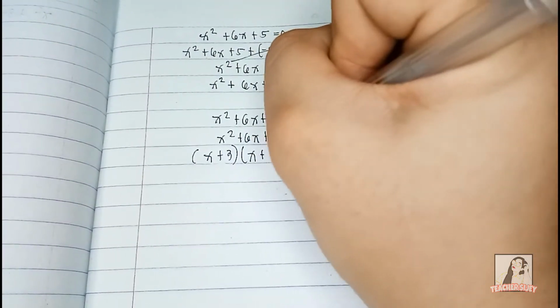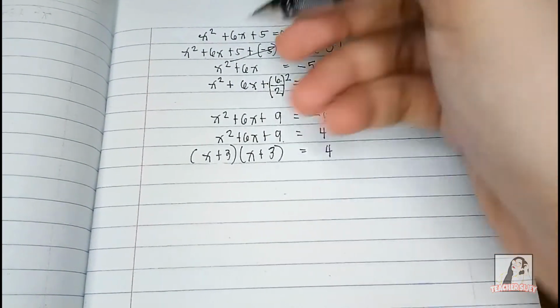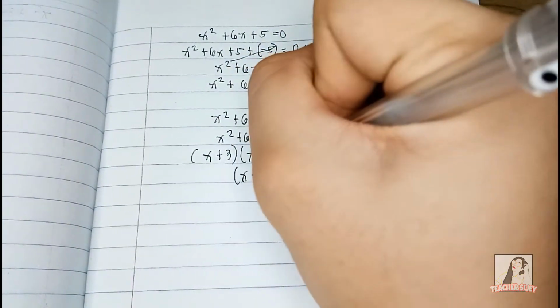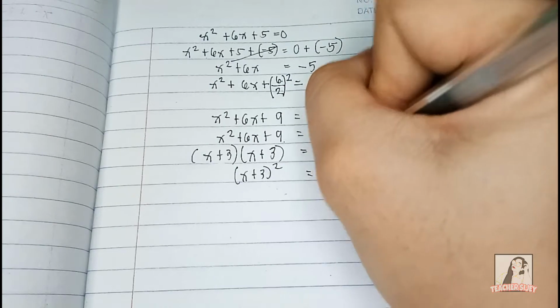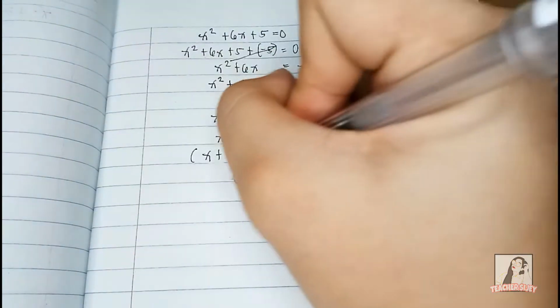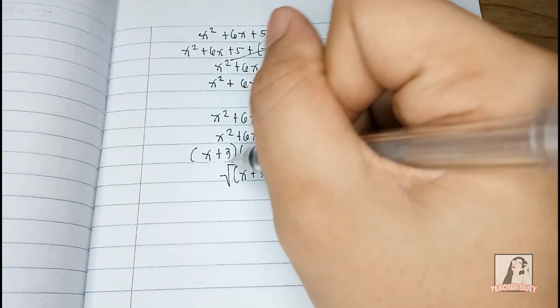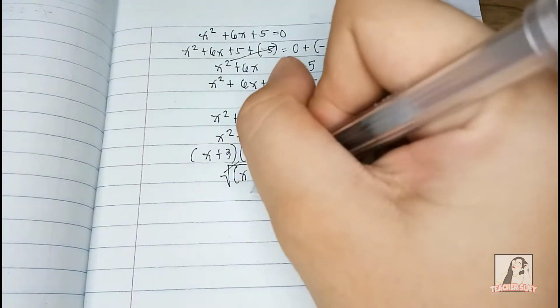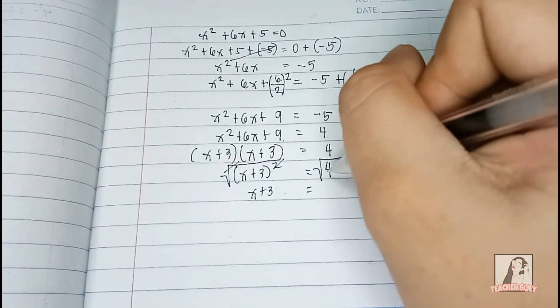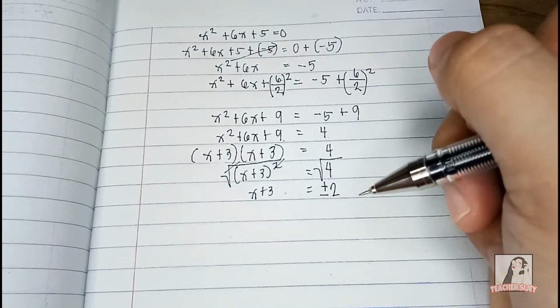We have (x plus 3) squared equals 4, since x plus 3 times x plus 3 is the same as the square of x plus 3. Then we need to get the square root of both sides. So x plus 3 equals the square root of 4, which is positive and negative 2.